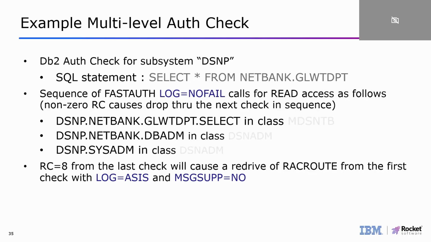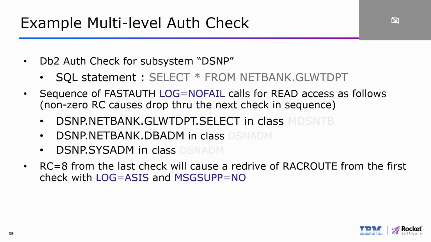If he's not DBADM, maybe he's SYSADM. So we're going to do another check against the SYSADM. So if he fails the first one, fails the second one, and then hits the last one, that's great, and that will then be a LOG=ASIS. He'll get his access.